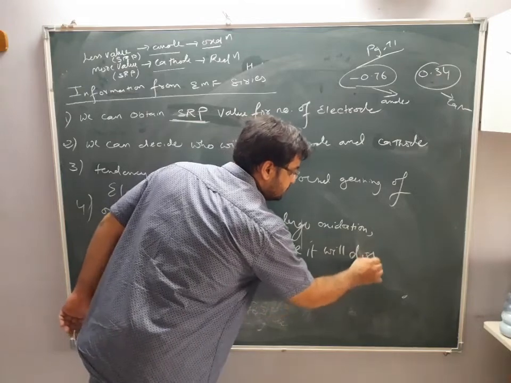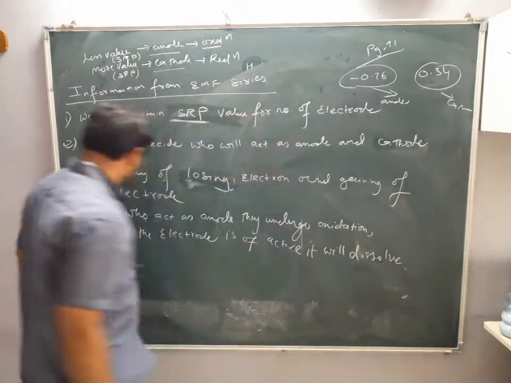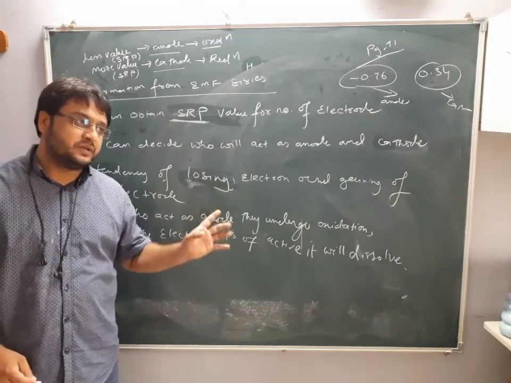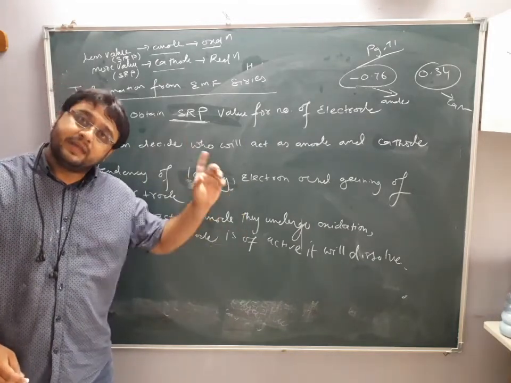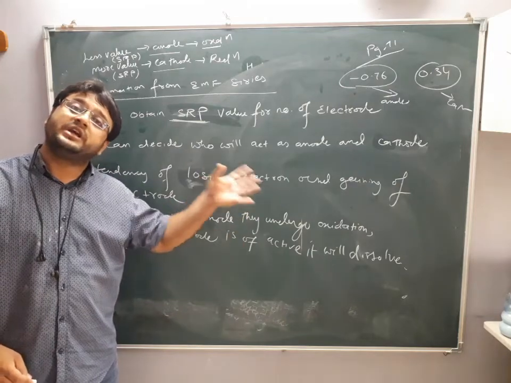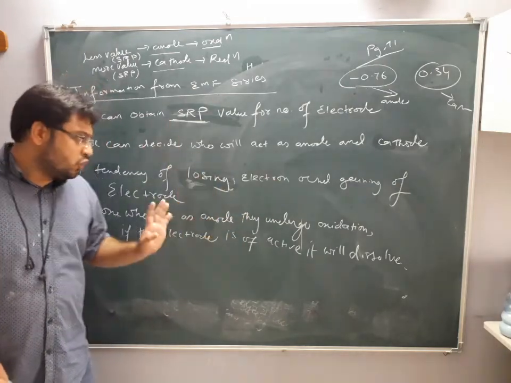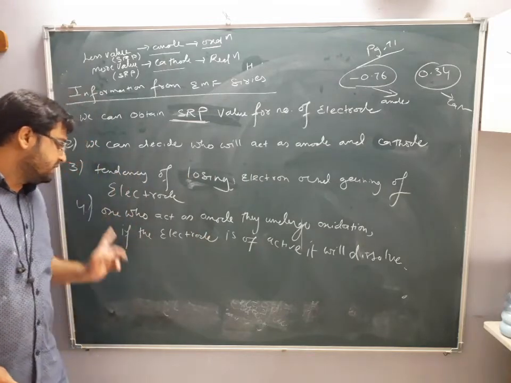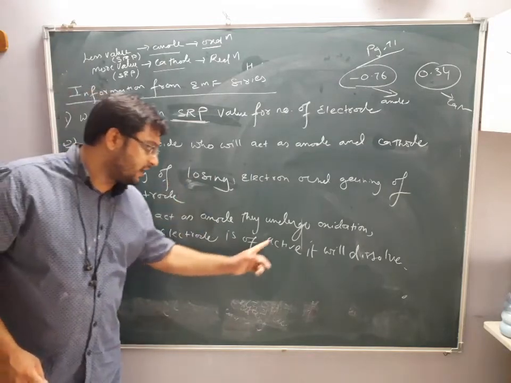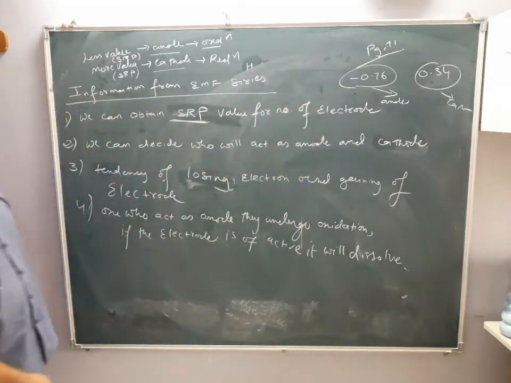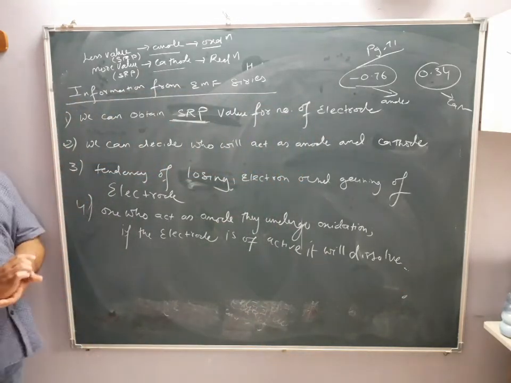Yes or no? So this also we can determine. Suppose we come to know from this that this will act as anode, and that anode electrode is from the active metal, like zinc or copper. So we can understand that this electrode is active electrode, hence it will get dissolved. Okay, so this certain information you can obtain from the EMF series.